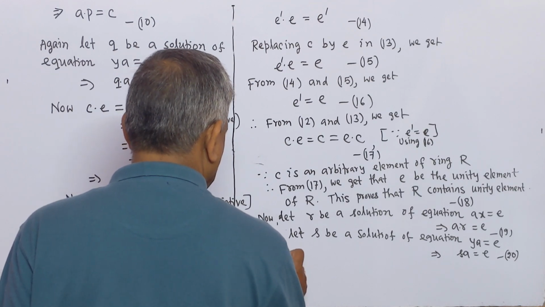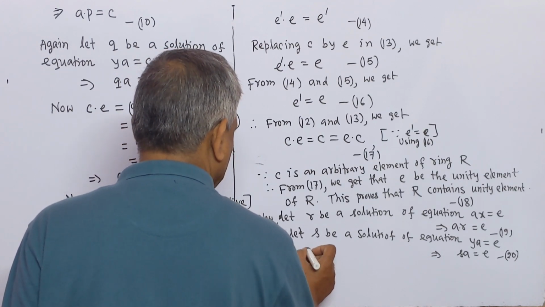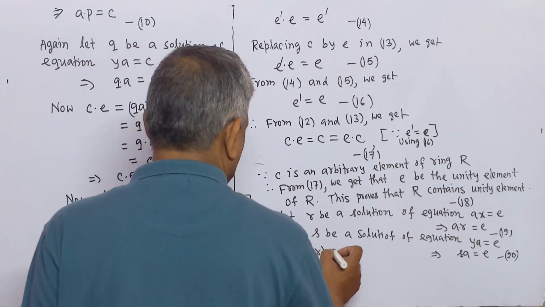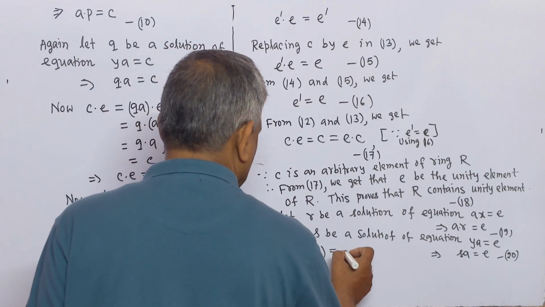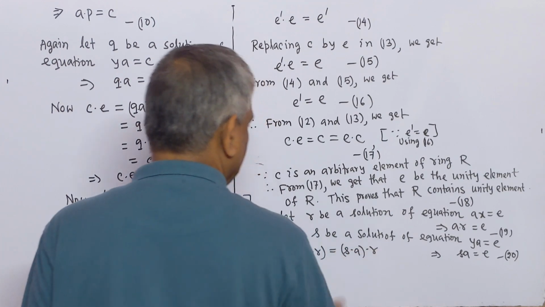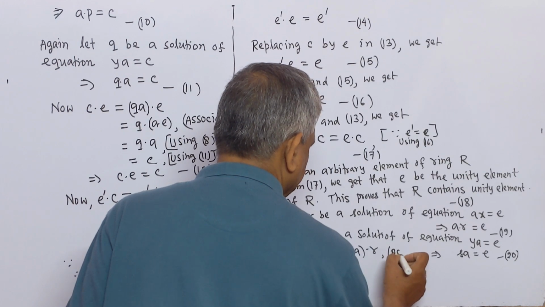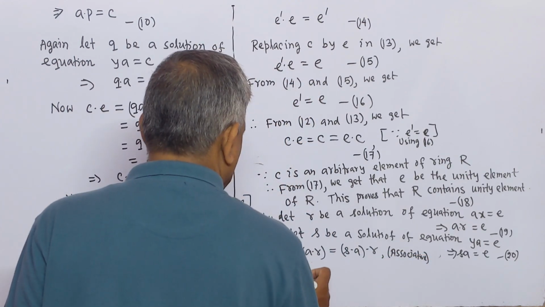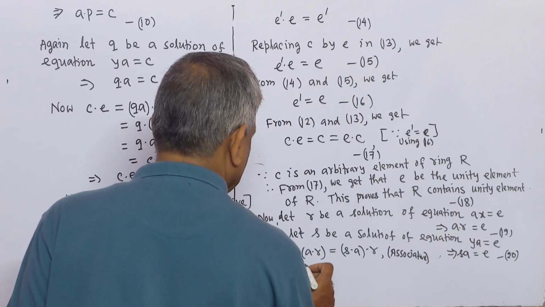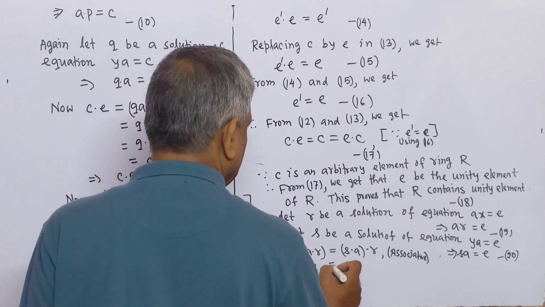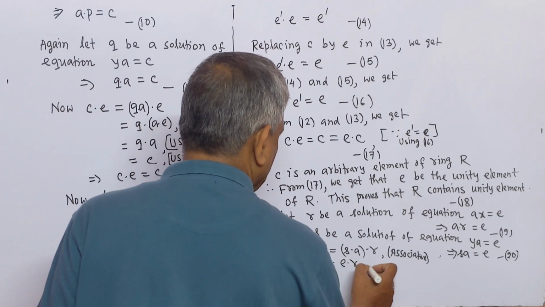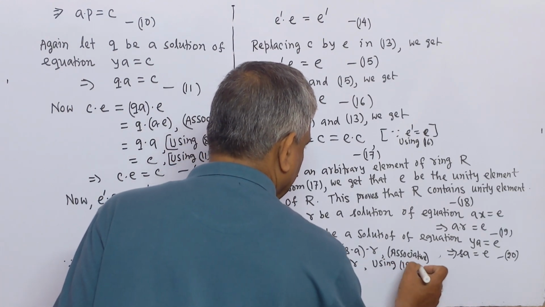Now S multiply A multiply R equal to S multiply A multiply R associative. Since A multiply R equal to unity element, implies that S multiply unity element. Here S multiply A equal to unity element using 19 and 20.